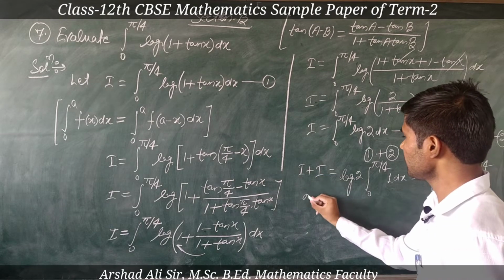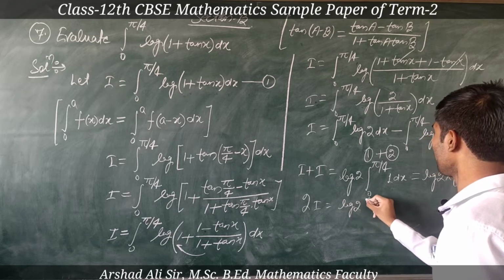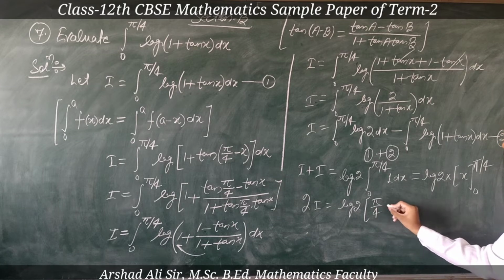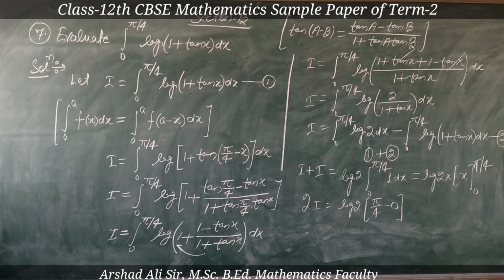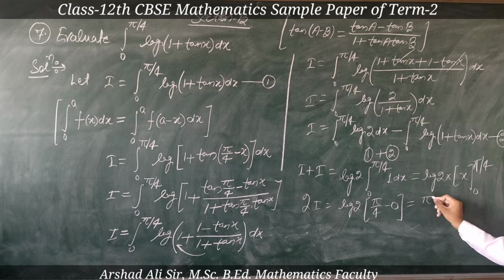So here I plus I, 2I is equal to logarithmic 2 upper limit instead of x minus lower limit instead of x. Here we have logarithmic 2 pi by 4. So we can write pi by 4 into logarithmic 2.